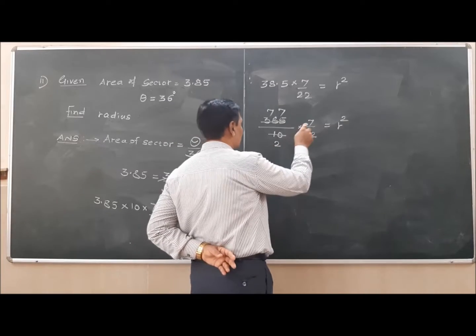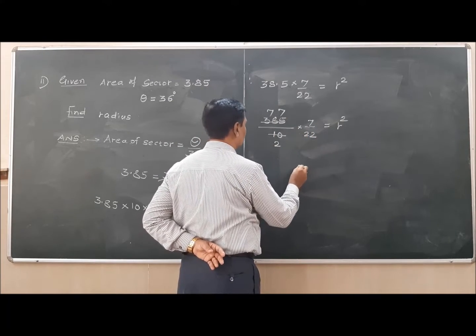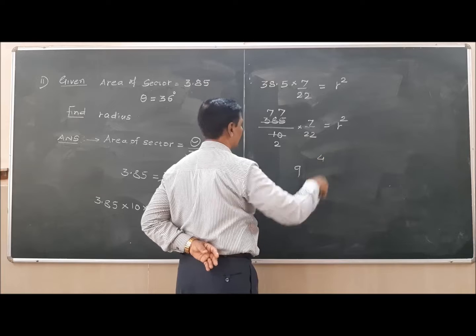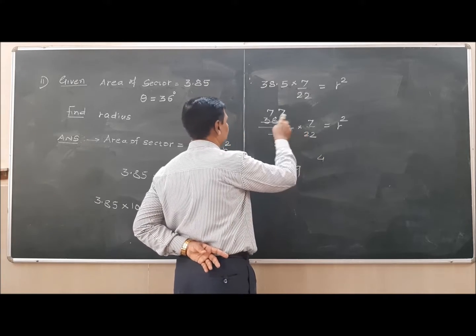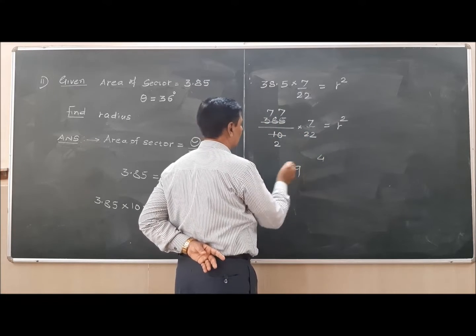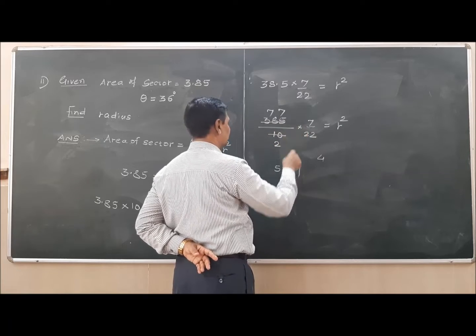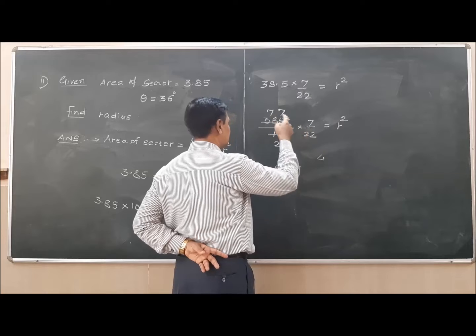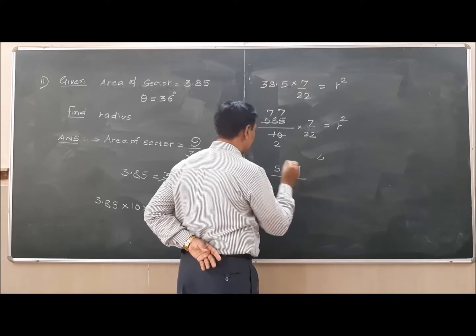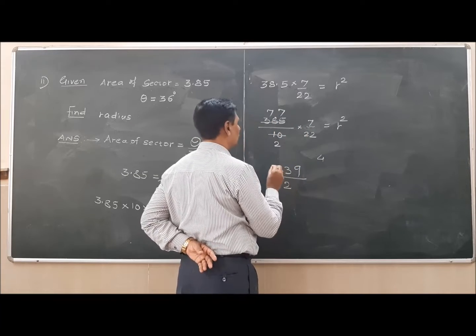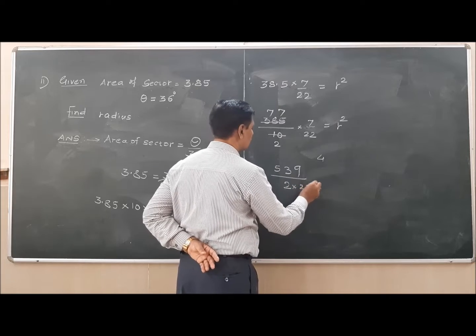Now please see here, 7 7s are 49 carry 4. 7 7s are 49 plus 4 is 53. Again 7 7s are 49 plus 4 is 539 upon 2 into 22.